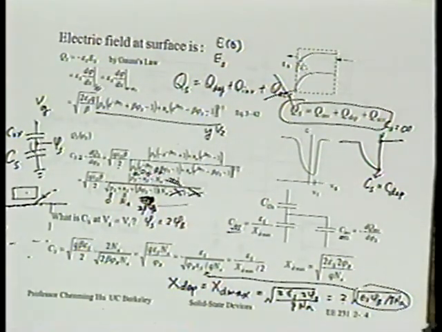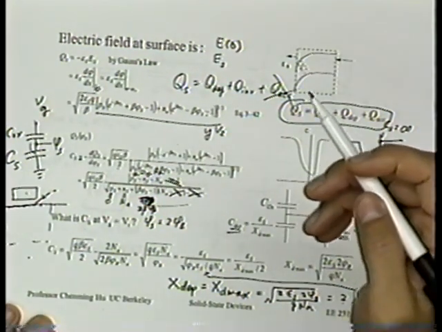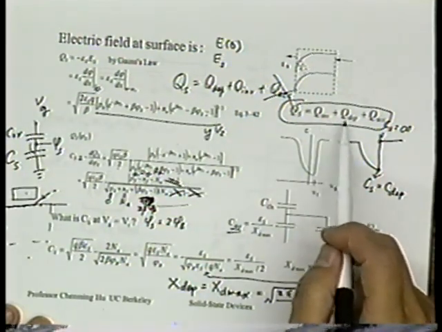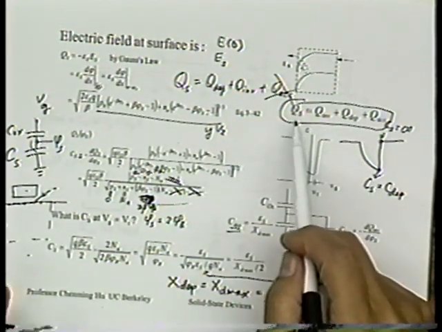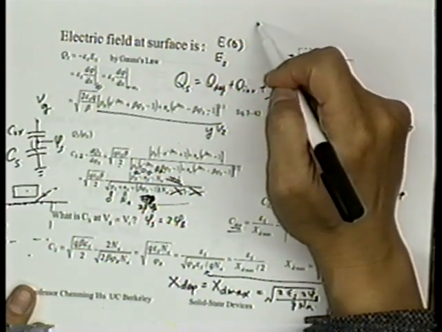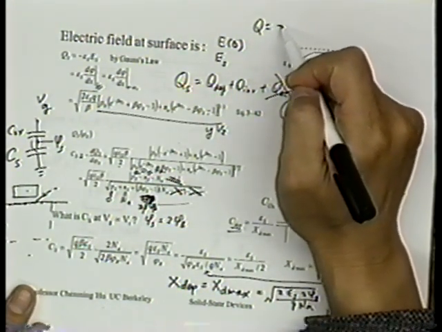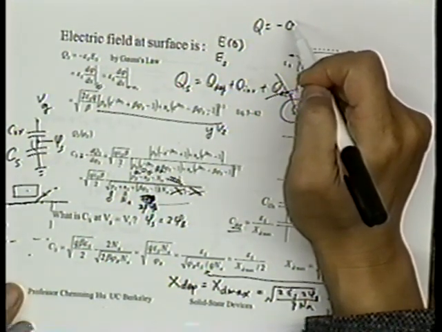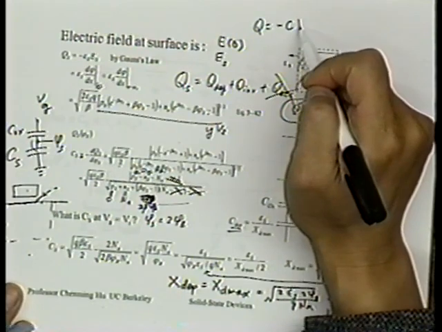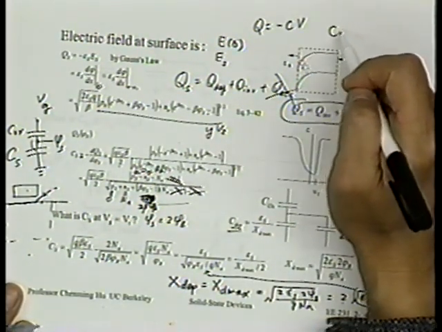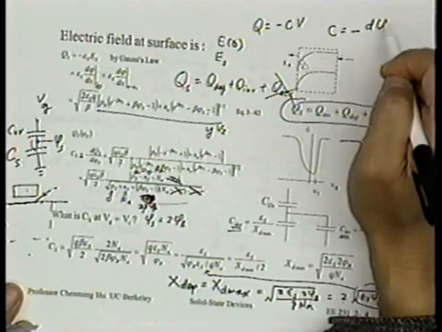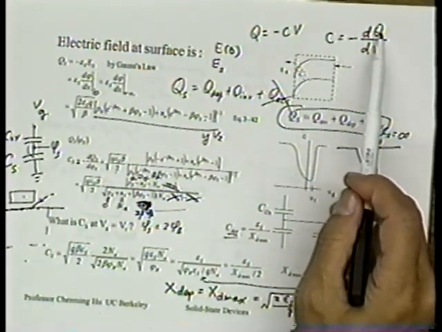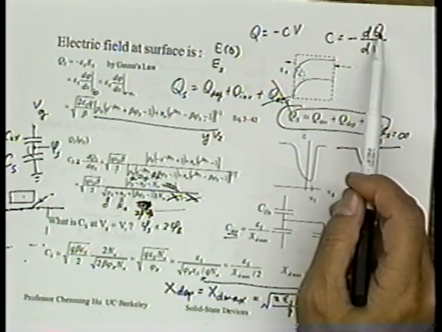The minus sign is always there because of this relationship. The minus sign does not have to do with the fact that there are three components to the substrate charge. The minus sign comes from the fact that Q is always equal to minus C times V, or C is always equal to minus dQ dV, whether we're dealing with accumulation layer charge or depletion layer charge.